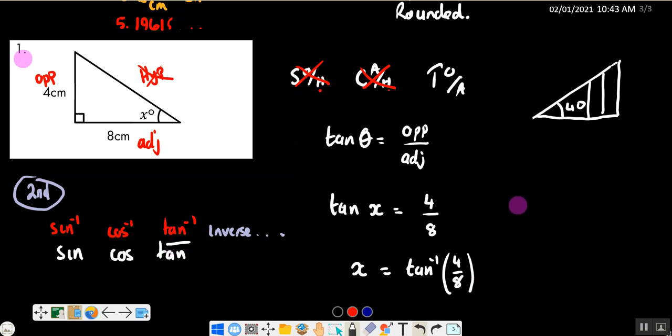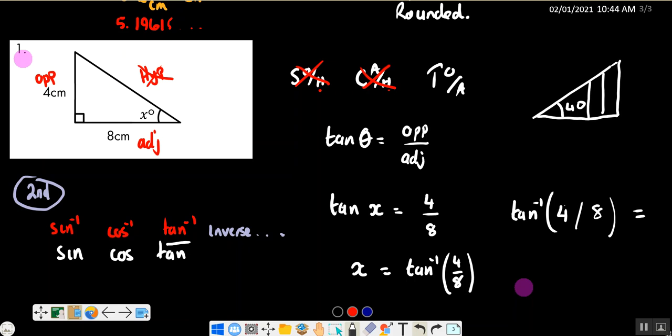It probably puts that on the screen and gives you a bracket, yeah? You then just do 4 divide 8, close the brackets, press equals, and you get 26.5.